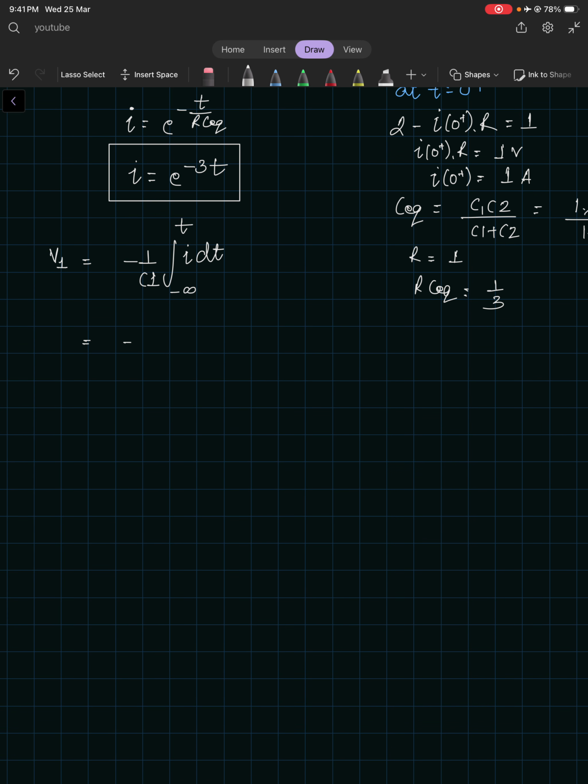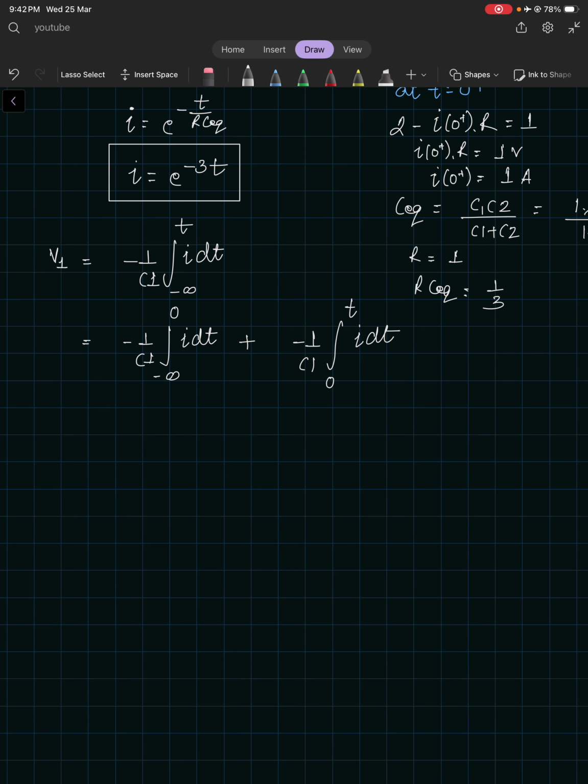So minus 1 by c1 integral from minus infinity to 0 dt, plus minus 1 by c1 integral from 0 to t of I dt, right?